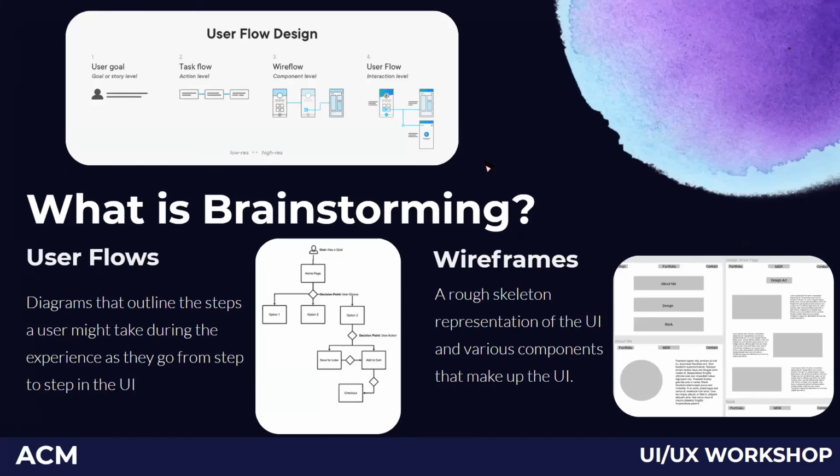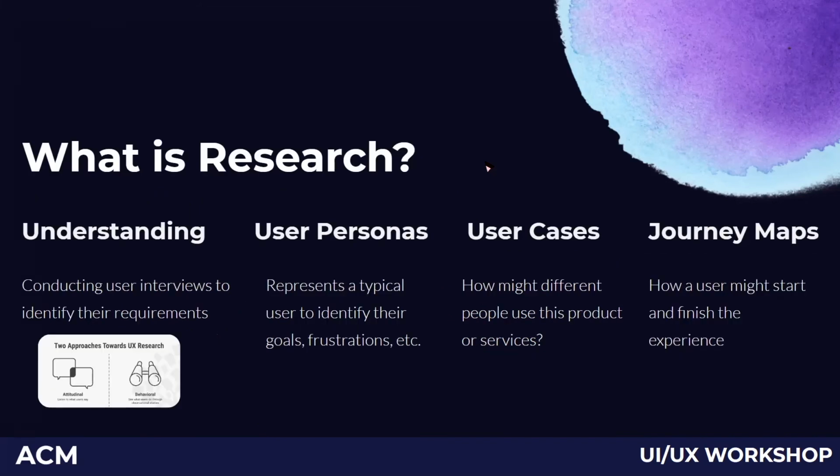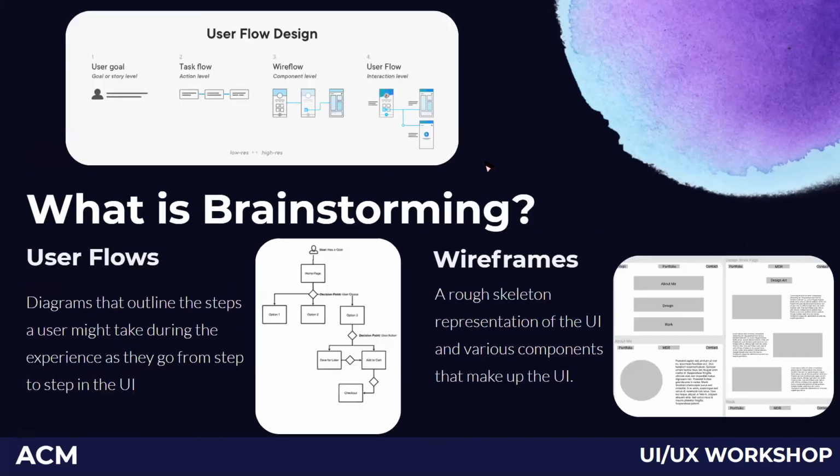But what is brainstorming? So, like I said, it's like journey maps, but this is user flows. This is the second step of UX. User flows are a diagram that outlines the steps the user might take during the experience as they go from step to step in the UI.